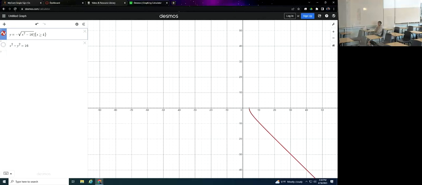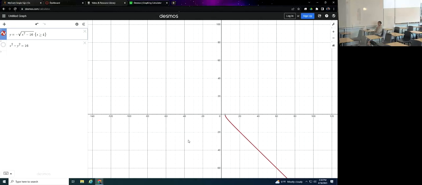There we go. So we can see it's 1-to-1. That's the original graph. Well, that's the whole graph. Going back to the camera.